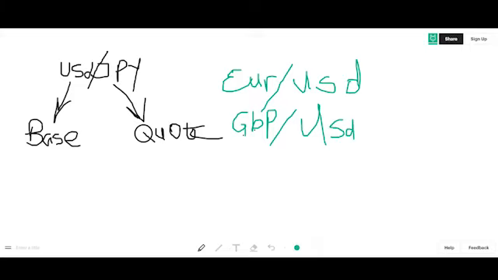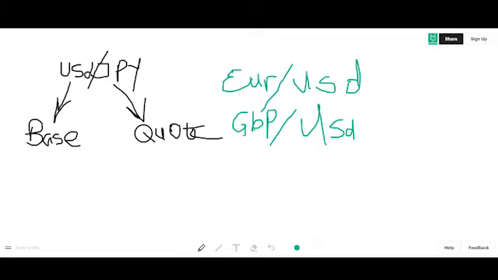What I will do is I'll send a list of these major pairs. I'll also send a list of the minor pairs and the exotic pairs. I'll send it to my Telegram handle and you can pick it up from there. I'll send it like a chart so that you can have it handy.